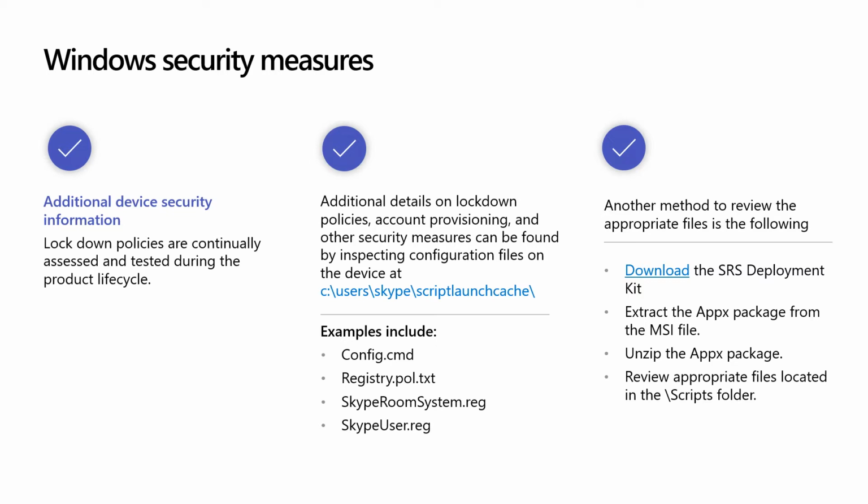So if you want to know, are these devices really locked down, or how are these devices locked down, what types of security controls are enabled out of the box, you can just look at a lot of the scripts. You're encouraged to look through some of those scripts as well as that deployment kit to get a feel for how well these devices really are secured and a lot of the thought that went into ensuring that these devices are not just another standard computer on your network.